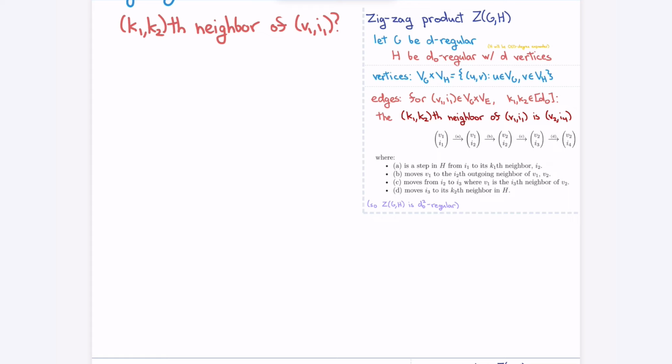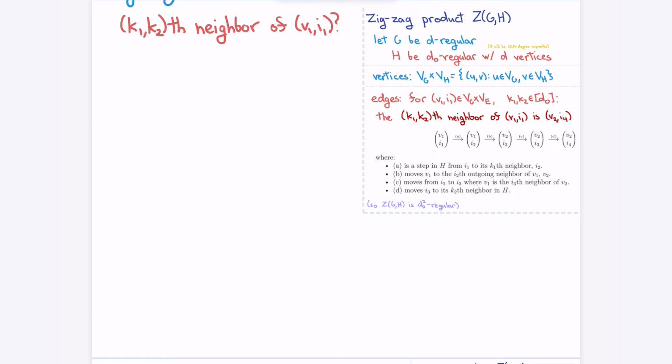I wrote k1, k2. At any point in the zigzag product, you have one vertex in G and one vertex in H, and the vertex in H only takes constant space.